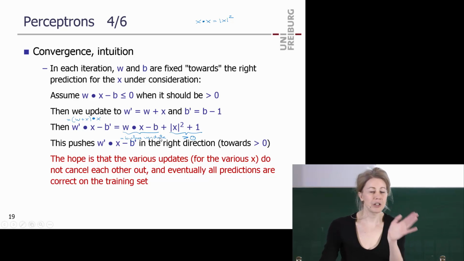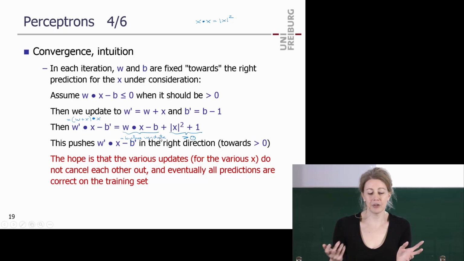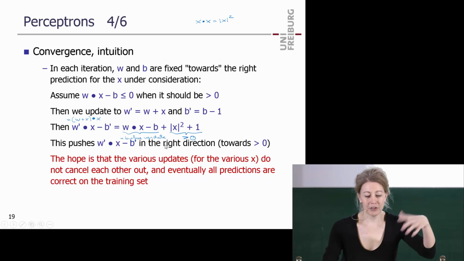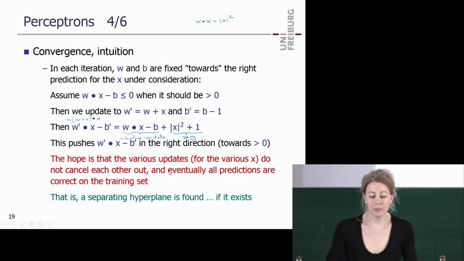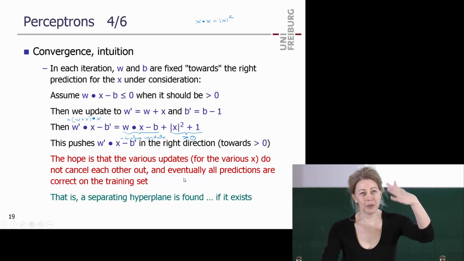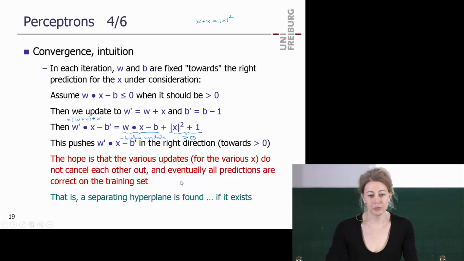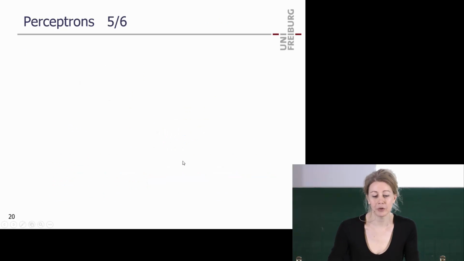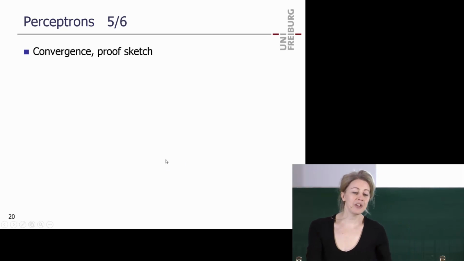Next object, it's wrong, I correct it. You always correct. And why? Maybe this goes on forever and you're just miscorrecting. But it works. Eventually, if the things are separable, it will converge. Or you just stop after some rounds and then you will get something. The question is how good it is. It's your exercise. So here's a proof sketch.